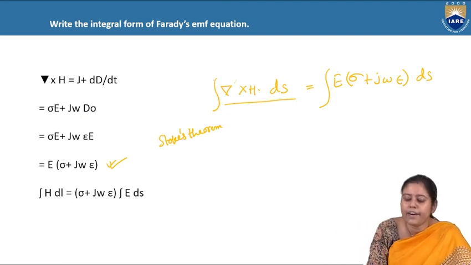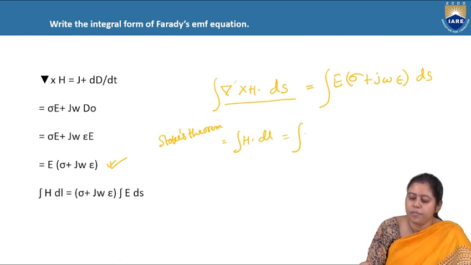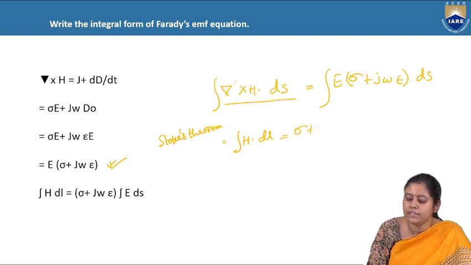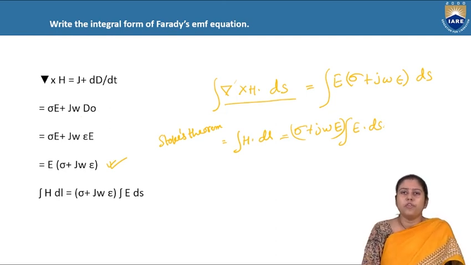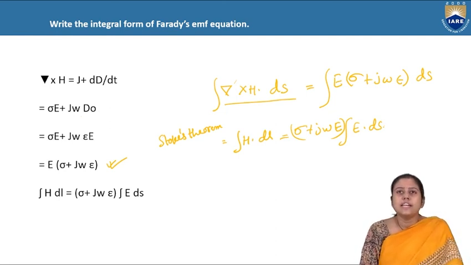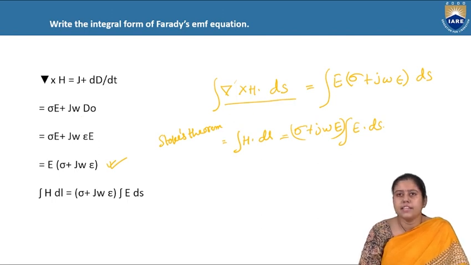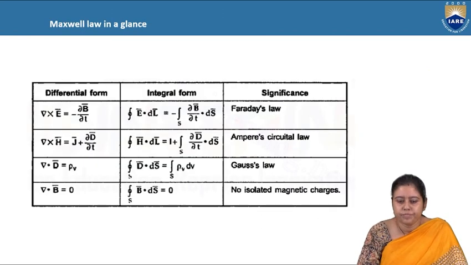If we remove the grad, we will get H dot dl is equal to sigma plus J omega E, all constant, integration of field E ds. This is the integral form of the Faraday's EMF equation.